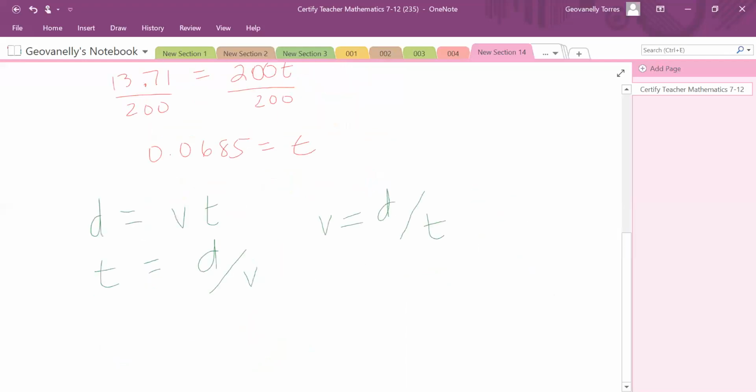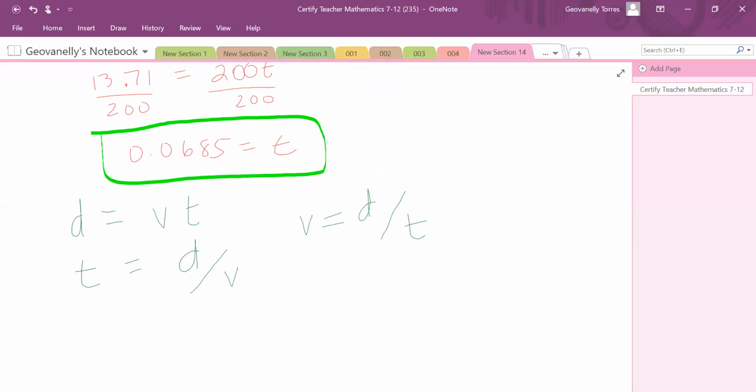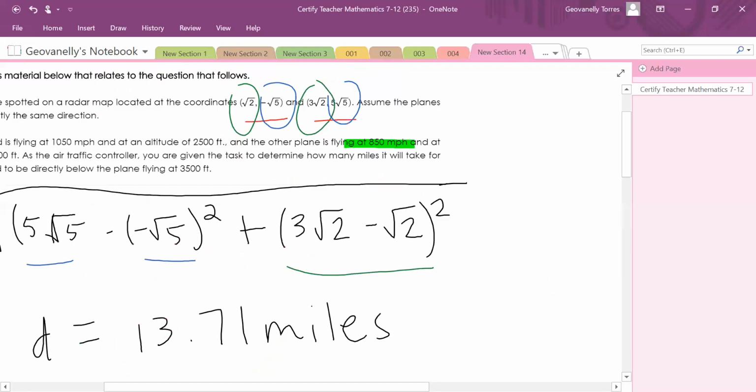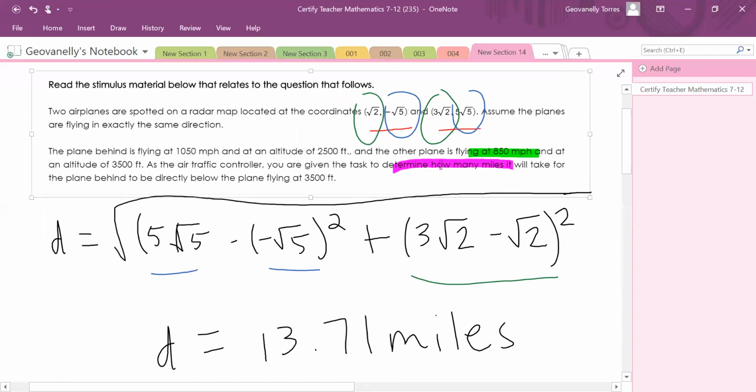So here, if we look at it, we know that our t is 0.0685, and our question asks us to determine how many miles. So that gives us a hint that we are looking for the value of d, distance.